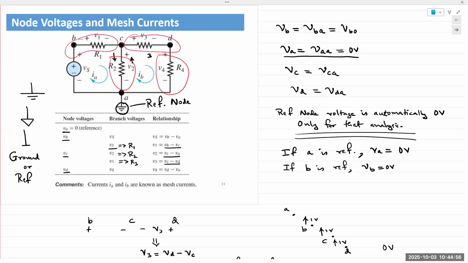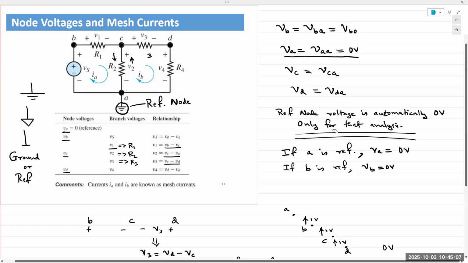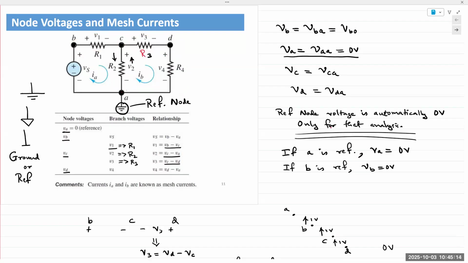Also, anything that's in series is said to be the same branch. Here we have R3, which is not marked, so I'm going to mark it. This is R3. R3 and R4 are in series, right?